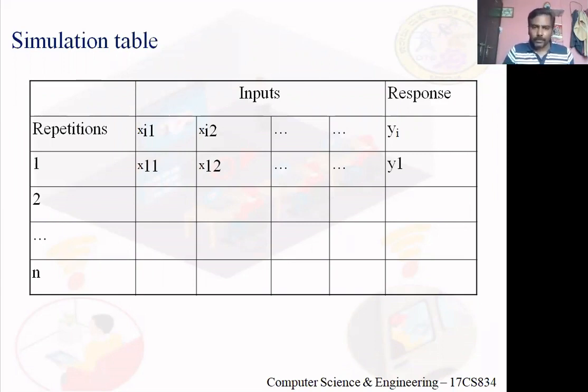The second random number gives the inter-arrival time of the second customer, the third random number gives that of the third customer, the fourth random number that of the fourth customer, and so on.